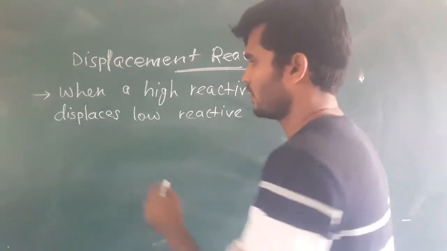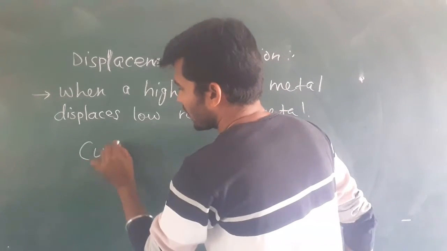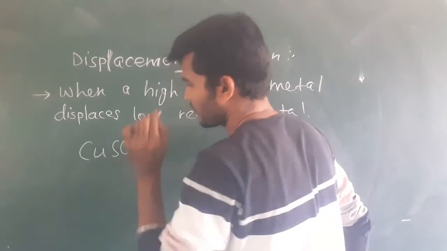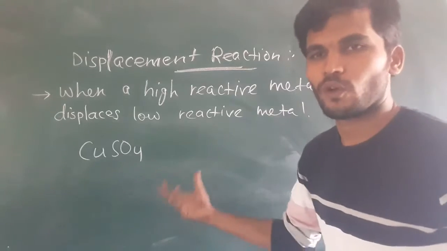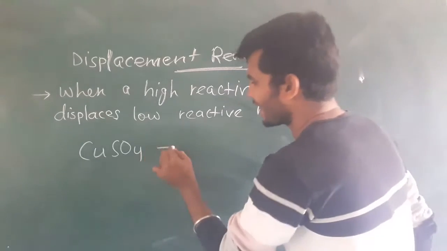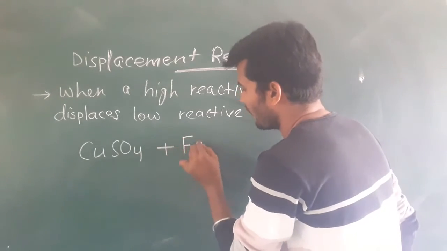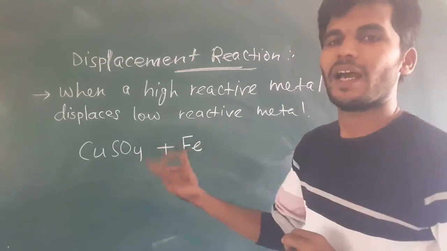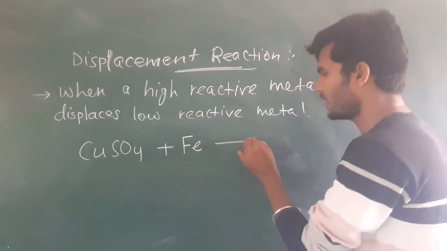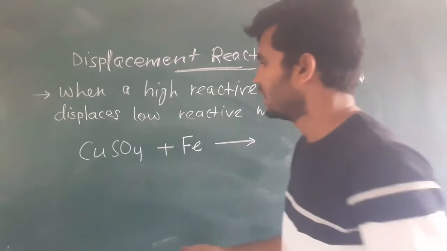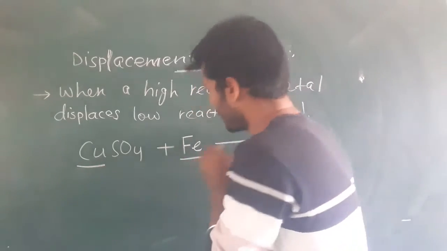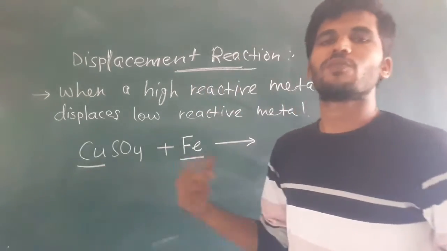For an example, if I have the chemical copper sulfate, CuSO4, and the reaction is with Fe. Fe means iron. So what will happen here? See, this copper and iron, out of two, which is more reactive?